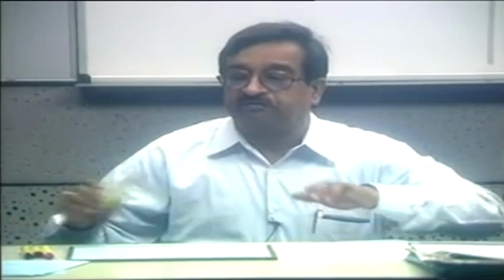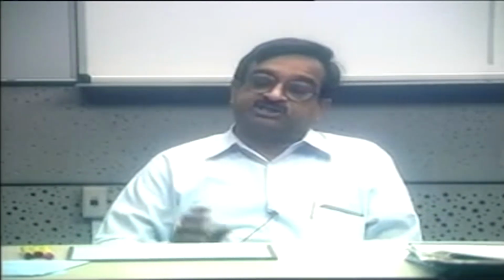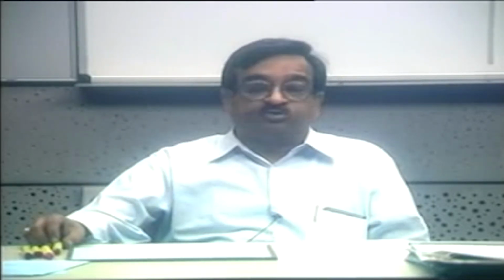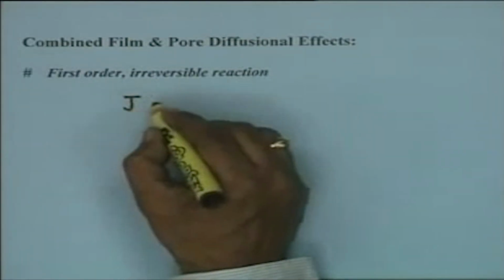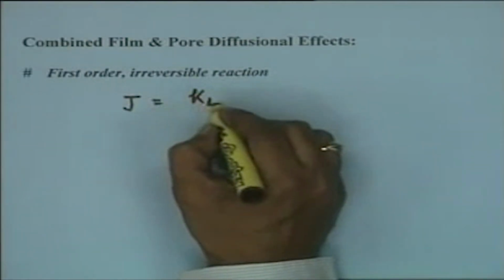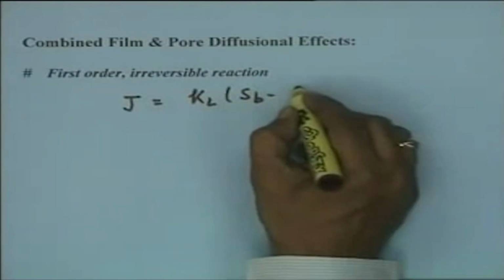Now, consider a combined film and pore diffusional effect, again for a simplistic case of a first order irreversible enzyme catalyzed reaction. We can club the two things, the external film diffusion and internal pore diffusion along with the biochemical reaction, and the flux of the substrate can then be written as J equal to KL into (SB minus SS).